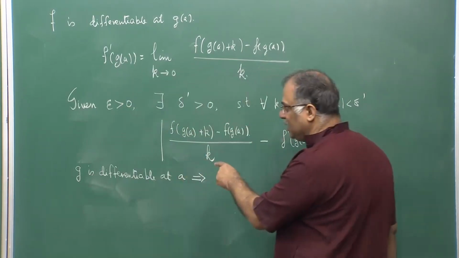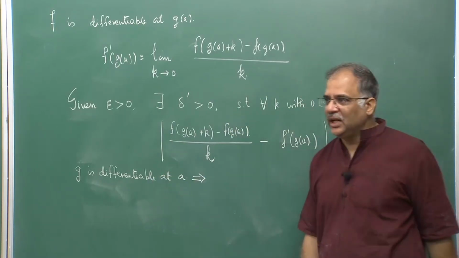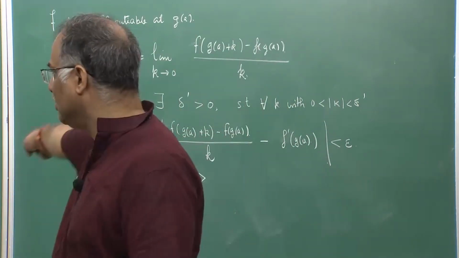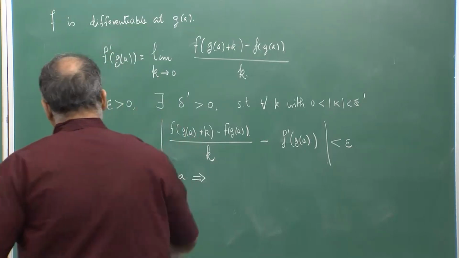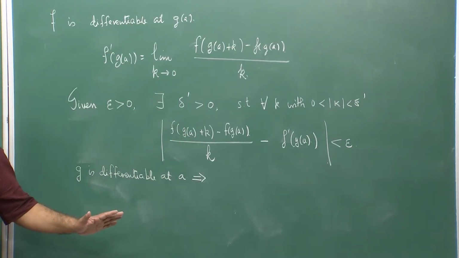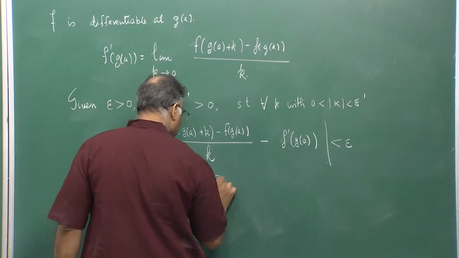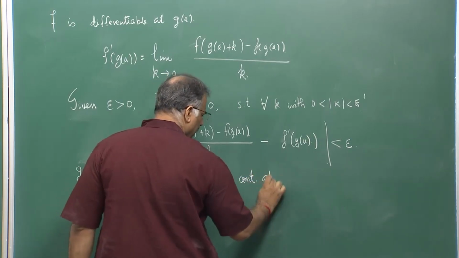Here you are using an important fact that whenever g is differentiable at a, g is continuous at a. This is the crux of this whole proof that phi is continuous at 0. If you want to make it rigorous, this is the crux. If you just use the differentiability definition of g, you would not get anywhere. So, g is continuous at a.